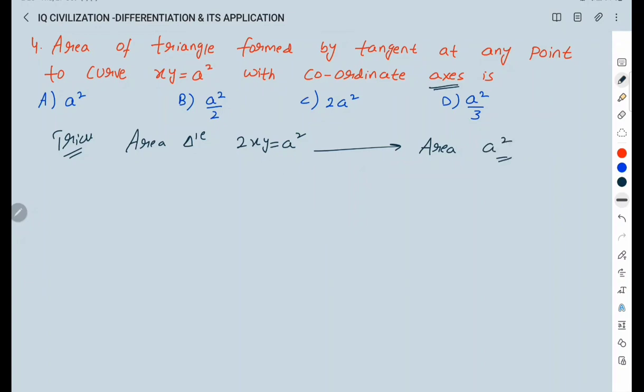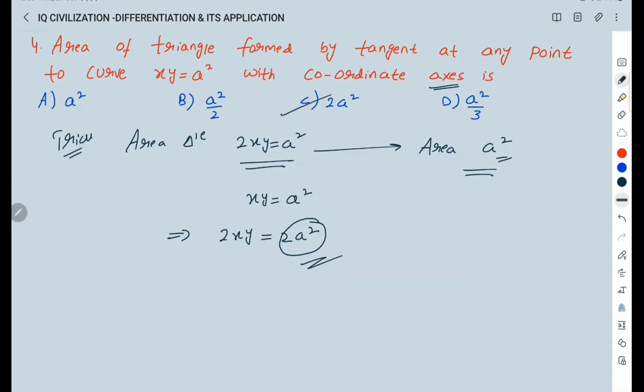Here the question is xy equal to a square. We will just change the question: when 2xy is equal to a square, the area is a square. Here it is only xy equals a square, so we need to just compare: 2xy is equal to 2a square. So the area becomes 2a square.